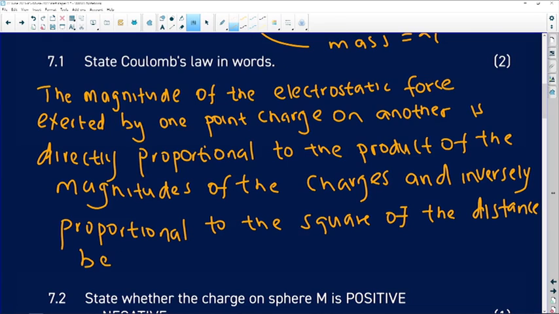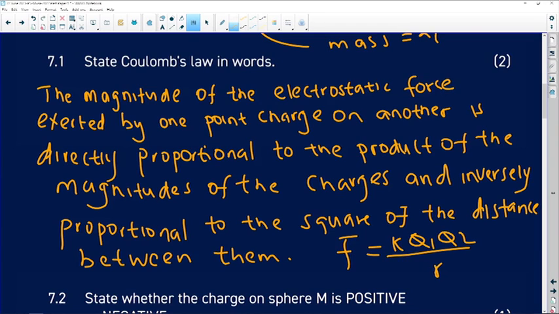Do not forget the square there. What you are basically saying is F equals k Q1 Q2 over r squared. That's how you state Coulomb's law.